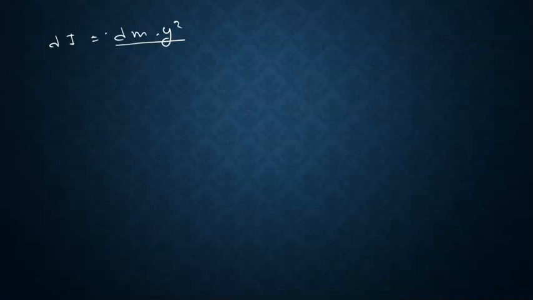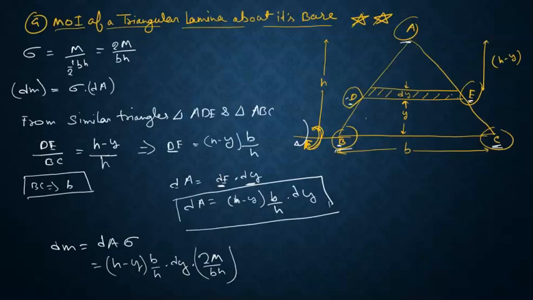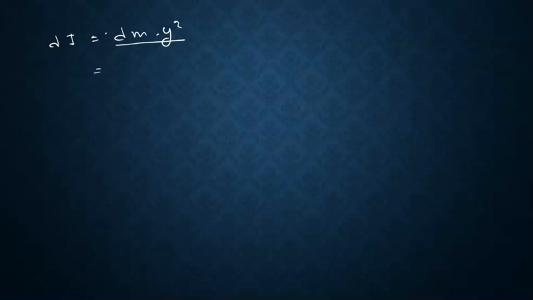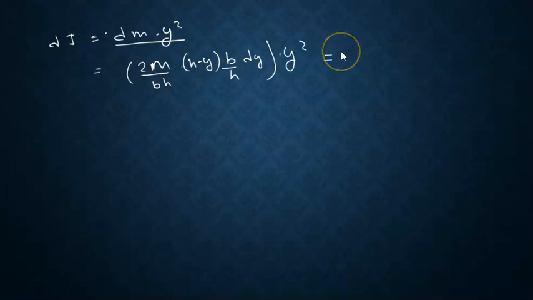So putting the value of dm from here, we can get 2M by b h into (h minus y) into b by h dy into y square. That is equal to 2M by h square into y square into (h minus y) dy.